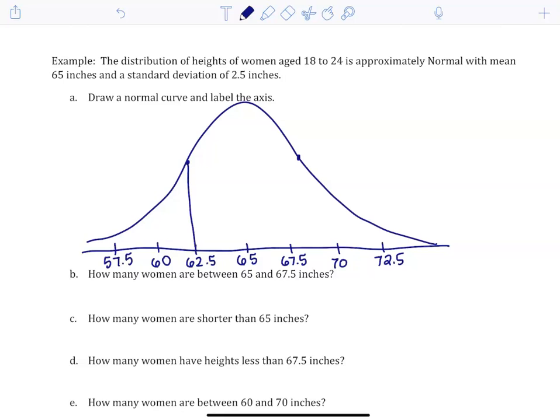Now what I always do on these is I start by drawing this curve, and then I draw in the little lines, and I go ahead and put in the percentages. I use the ones that are split because that will help us answer any of the questions.